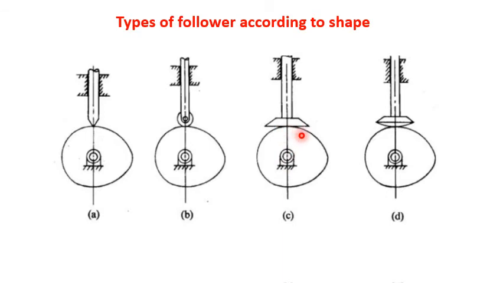In order to overcome that, there is a modified form of flat faced follower, the spherical faced follower. Here the surface contact between the follower and the cam is very minimum, a point of contact. Therefore it has less wear and tear and smoother operation compared to the flat faced follower.